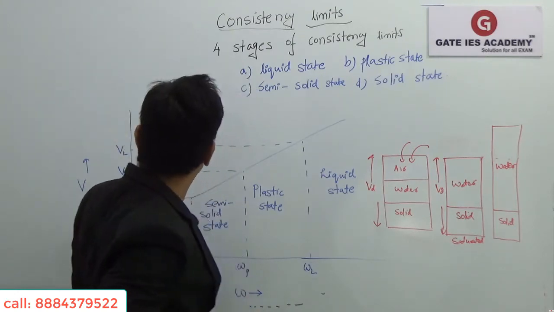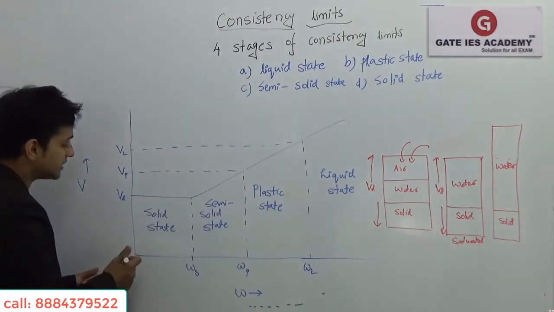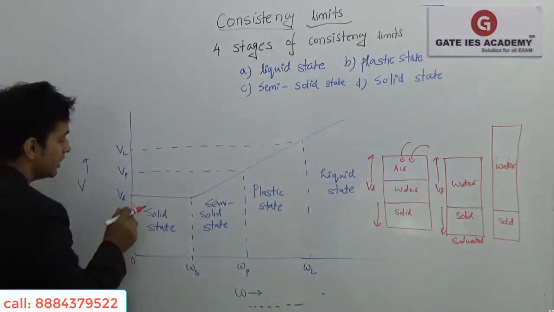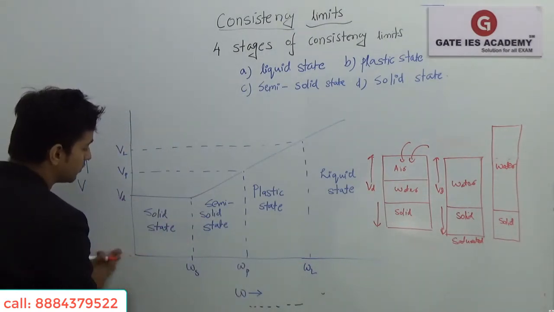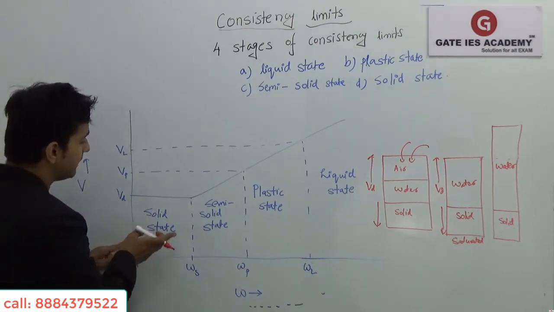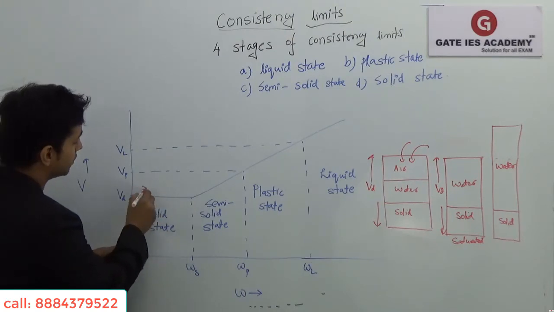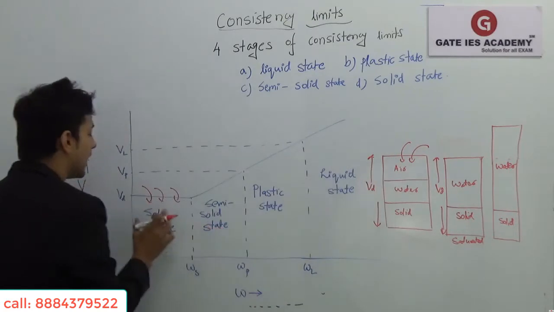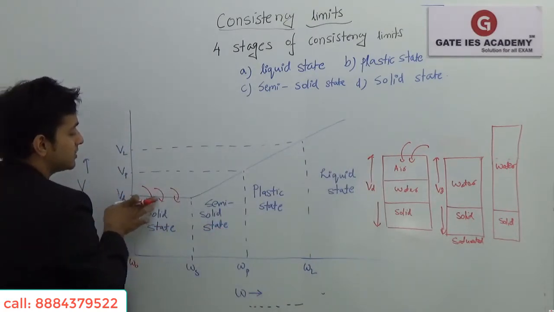So just imagine this is the water content I am plotting and this is the volume I am plotting. Let's suppose the water content was initially some W naught. From W naught, I went on adding water. This was the first stage. The volume is not changing; volume is constant.